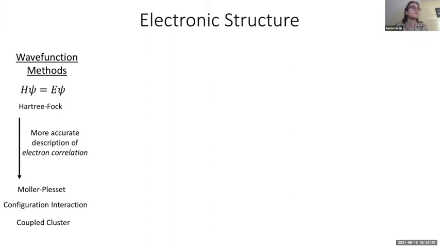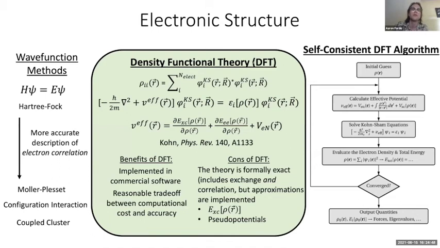But as an alternative method, which will be the workhorse for the simulations done here, there's the development of density functional theory. So instead of considering the wave function, a clever physicist thought that the charge density of the molecule or the solid itself should determine the external potential.